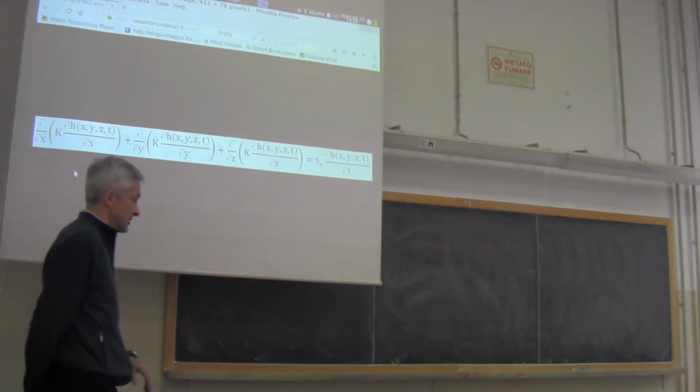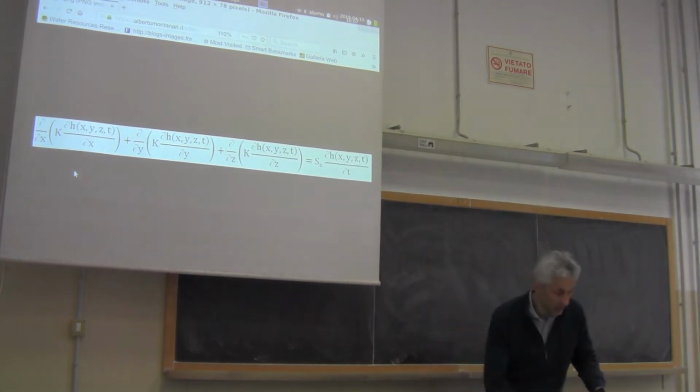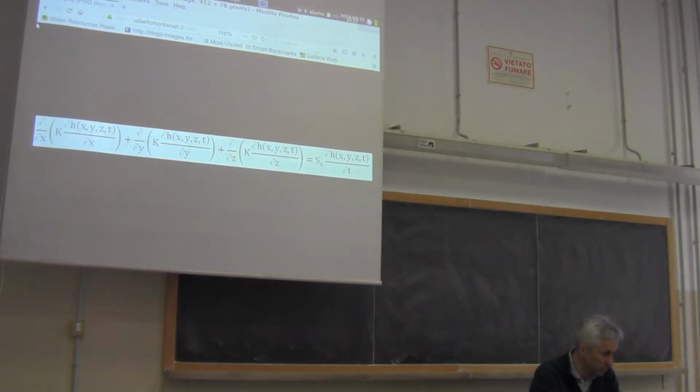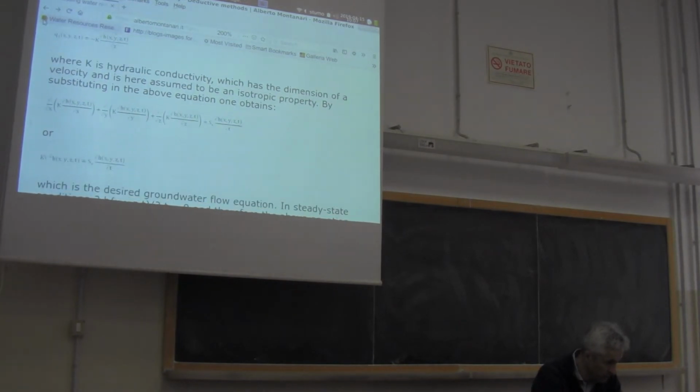Okay, so let's try to write this equation in a more compact form. We are close to the end of the story, and this is the more compact form.